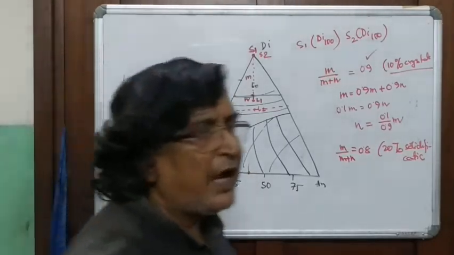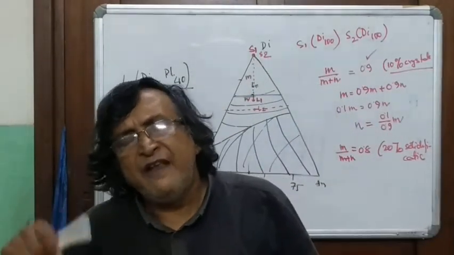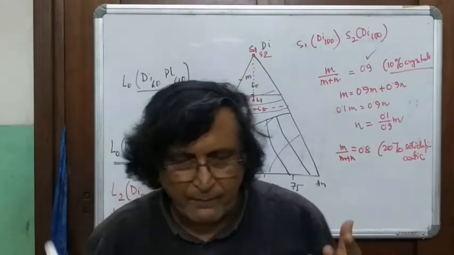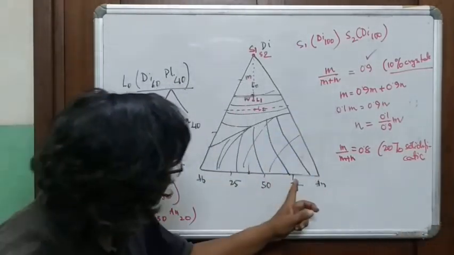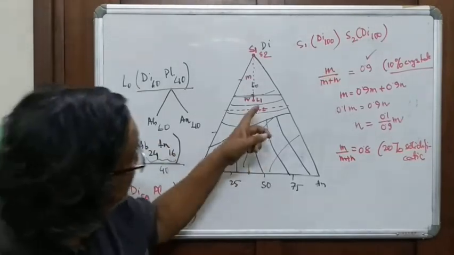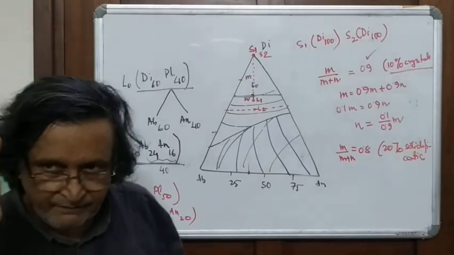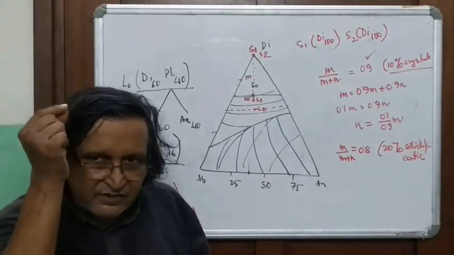But before you read the next lecture, I think you should go back to the book and find out if there is any problem. The most important thing is the isopleth. Remember, the isopleth gives you the composition of the crystallizing solid, crystallizing plagioclase.